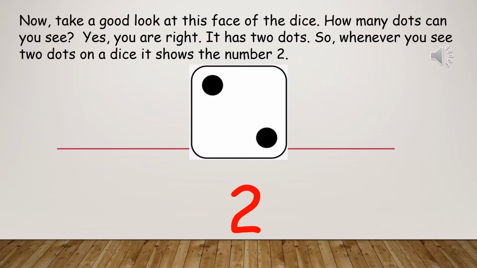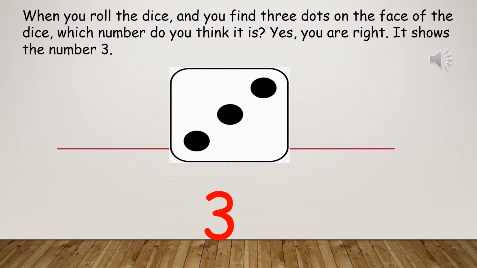Now take a good look at this face of the dice. How many dots can you see? Yes, you are right. It has 2 dots. So whenever you see 2 dots on a dice, it shows the number 2. When you roll the dice and you find 3 dots on the face of the dice, which number do you think it is?